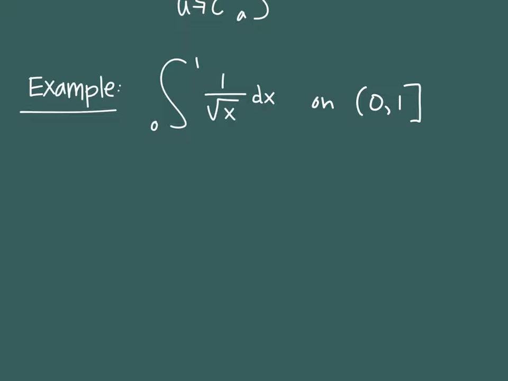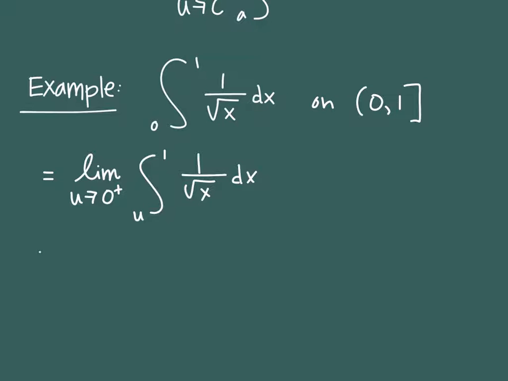We can't include 0, so we have to make sure that we stay on the right side of 0. And so we're going to replace 0 with a u, and we're going to make sure that u stays on the right side of the value 0.